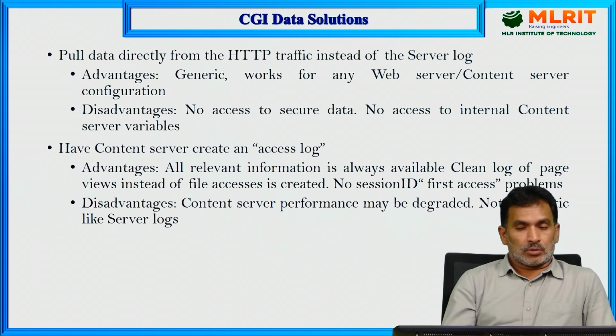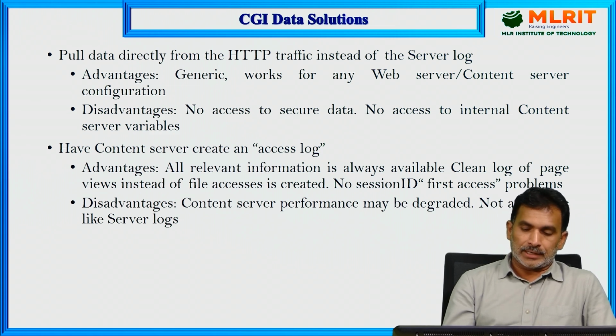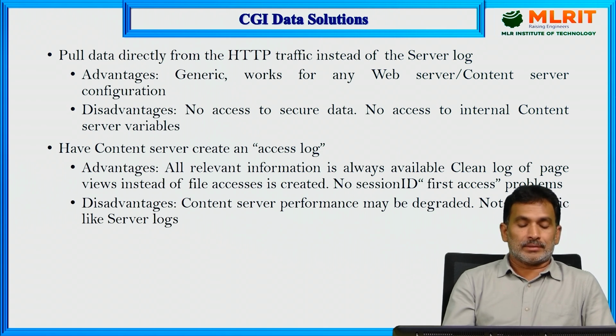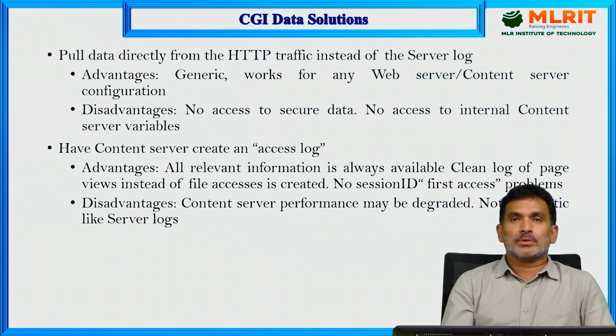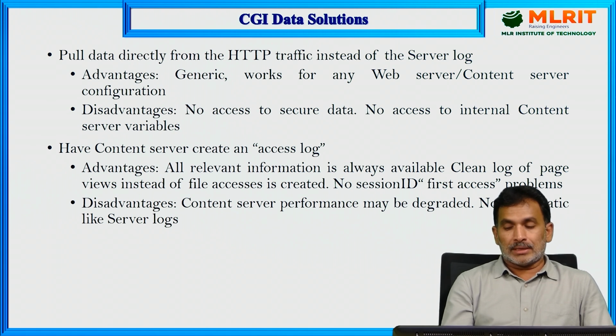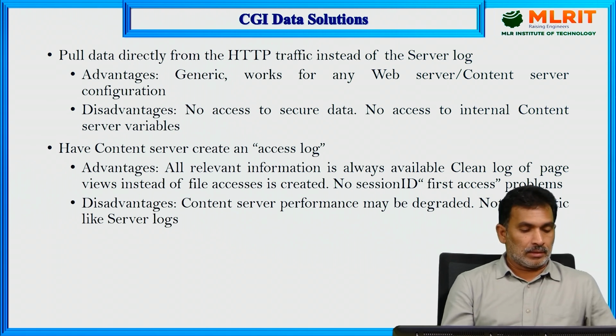Next, the second solution is to have the content server create access logs. The advantage with this is all relevant information is always available, and a clean log of page views instead of file access is created. So no session ID, first access problems. Whereas a disadvantage with this is content server performance may be degraded, and there is no automatic logging like server logs.